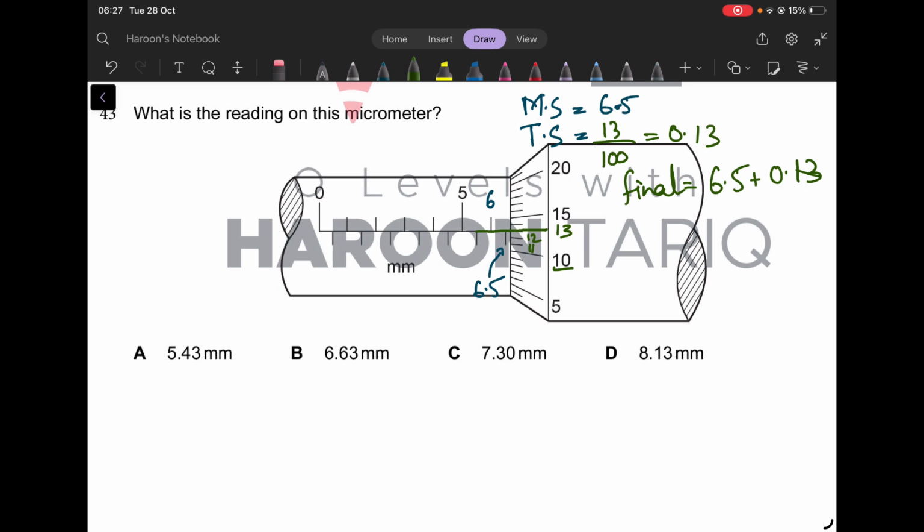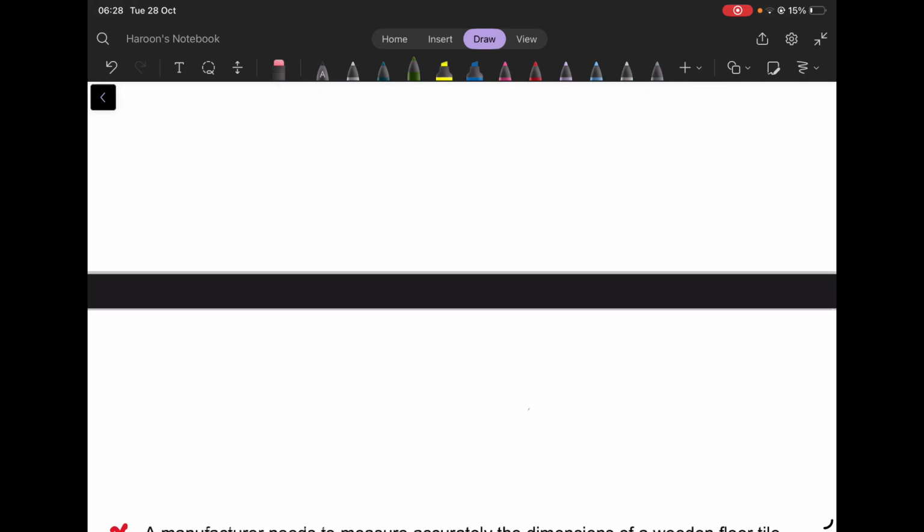Okay, now I add these two together. So the final answer should be 6.63. This is what I'm looking for, and this should be in millimeters. B is the correct answer. I hope this made sense. So for 43, the correct answer is B. Next.